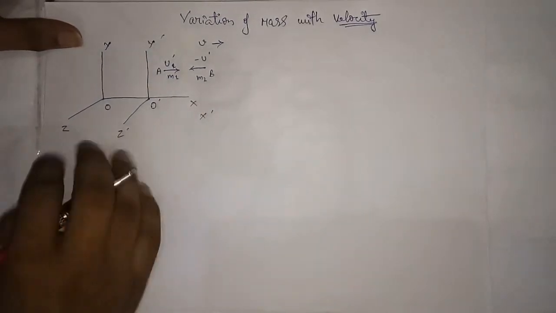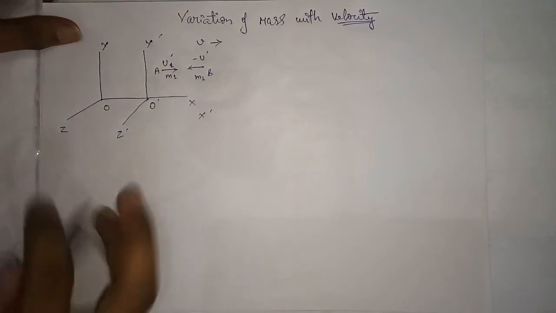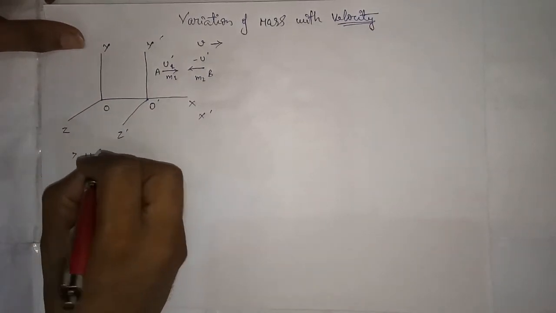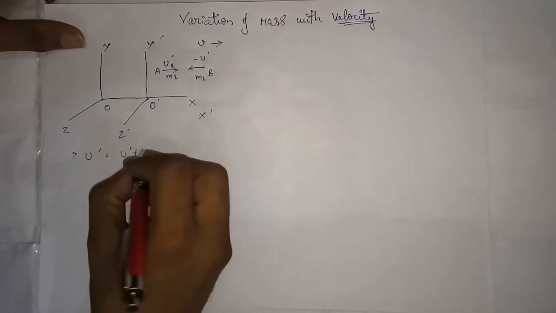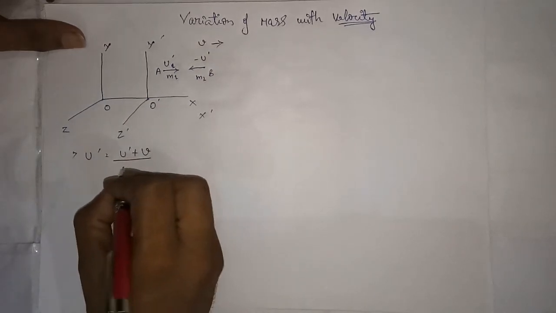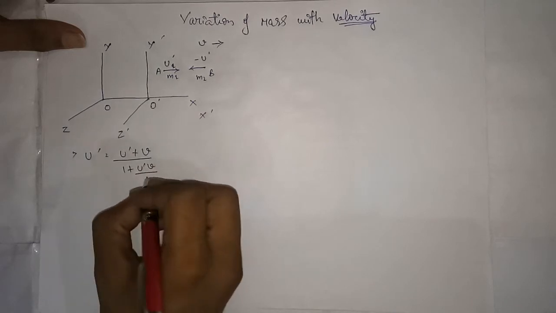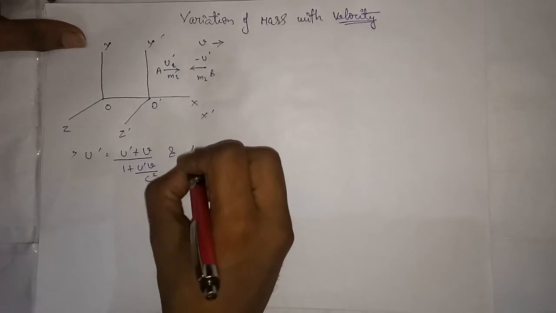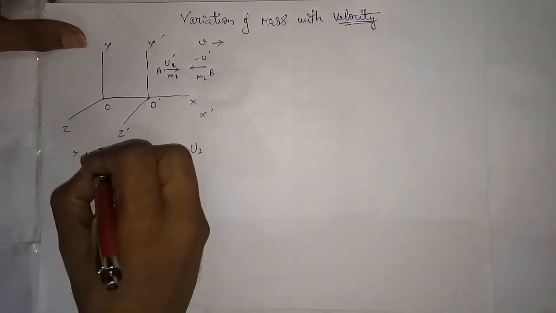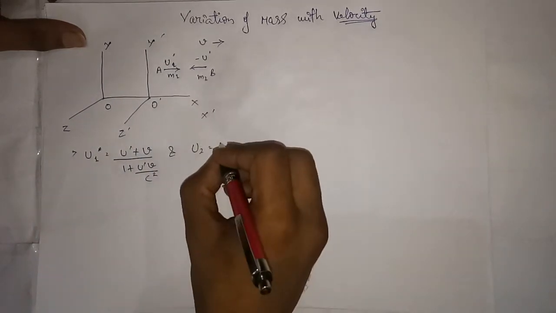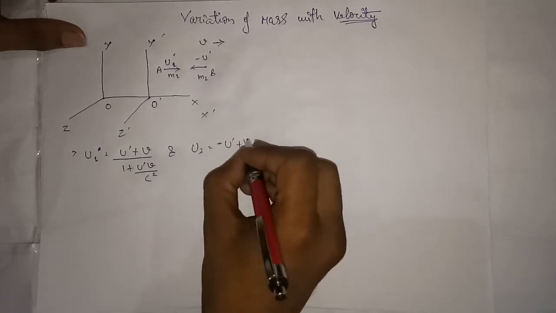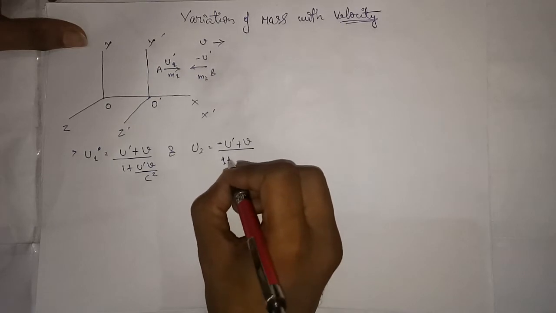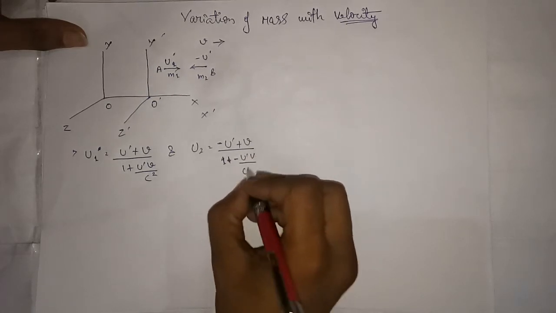so as we have already done in our last class, u1 equals u dash plus v upon 1 plus u dash v upon c square, and u2 equals minus u dash plus v upon 1 minus u dash v upon c square.